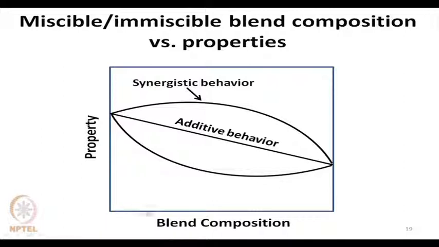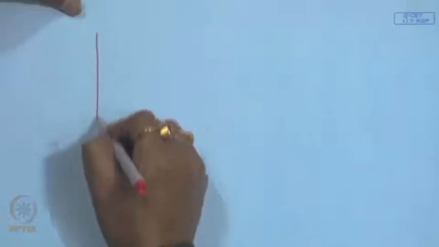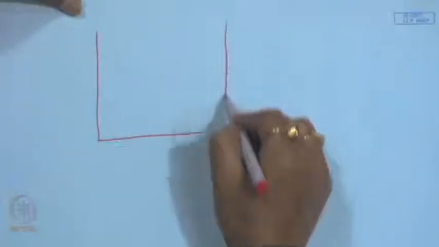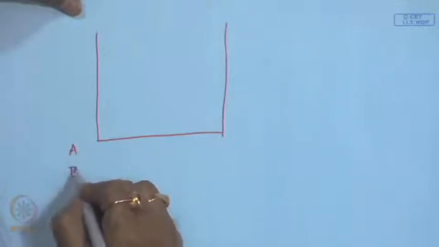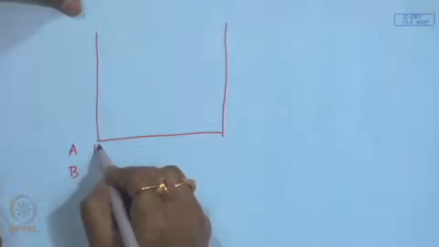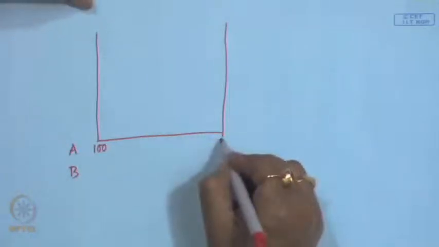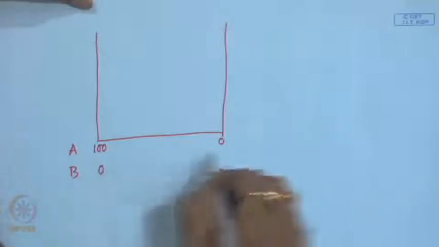Now, here this is the composition axis, this is the properties axis. Okay. Now, here this axis can be for a pure component polymer, say component A, component B. Now, this is 100% over here, this is 0, here it is 0, here it is 100.